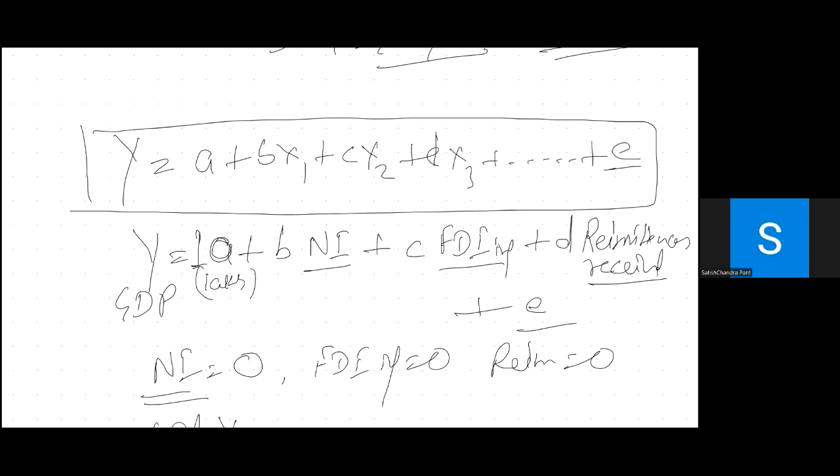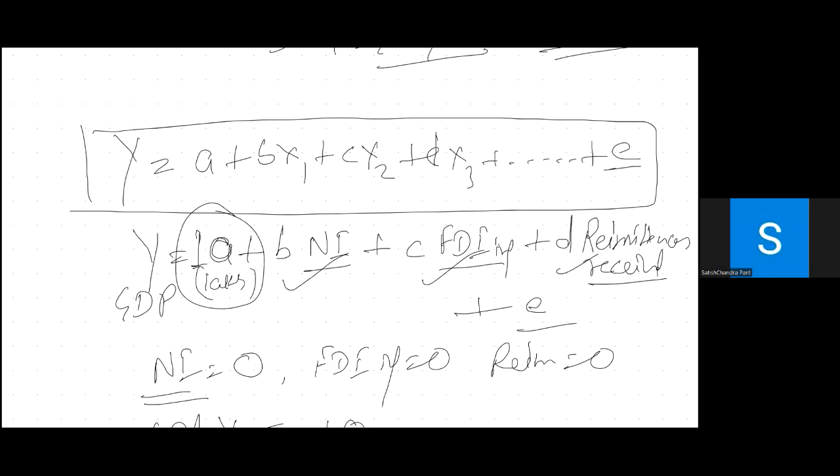In that case, the GDP of that country will also have a certain value. What does it mean? It means that this value is because there are some other factors other than these three factors which are also responsible for GDP contribution, right?